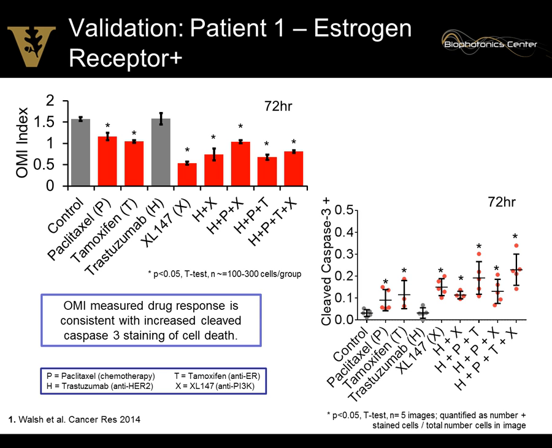We measured response to multiple different drugs. I'm not going to go through all of them, at 72 hours. This is just to show that what we measured with metabolic imaging is in agreement with what we measure with immunohistochemistry. So again, this is apoptosis. We see an increase in apoptosis in all groups except for the trastuzumab group, which is in agreement with what we see with our metabolic imaging.